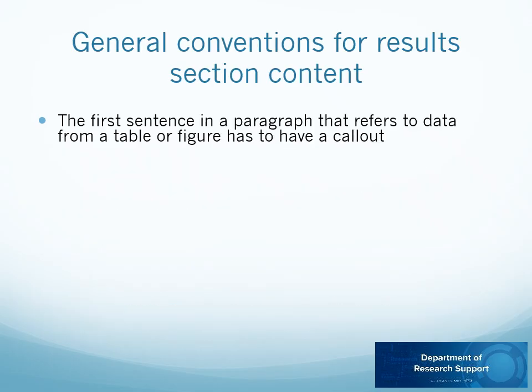Another common convention of results sections is related to how you refer to or call out tables and figures in the text. In general, the first sentence in a paragraph that reports data from a table or figure has to have a call out at the end of the sentence. You should not wait until the end of the paragraph to refer your readers to the table or figure.